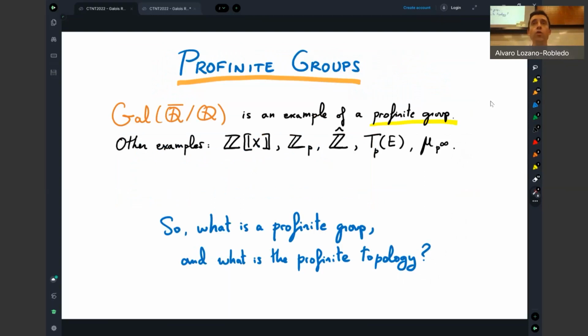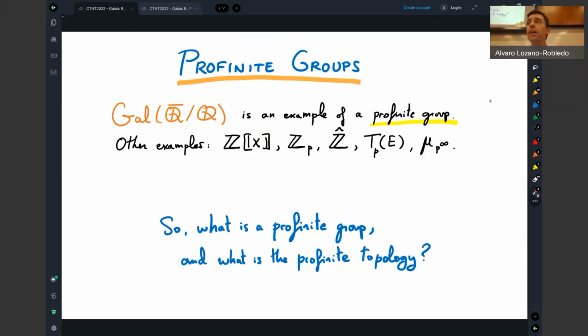It turns out the Galois group is what we call a profinite group. There are more profinite groups that are going to show up in these lectures and also in other lectures and in the rest of your life. You've probably run into things like this, power series in one variable. Those are profinite groups. You might have run already into the p-adics. Well, if you were at Christel's lectures, then we've seen already the p-adics.